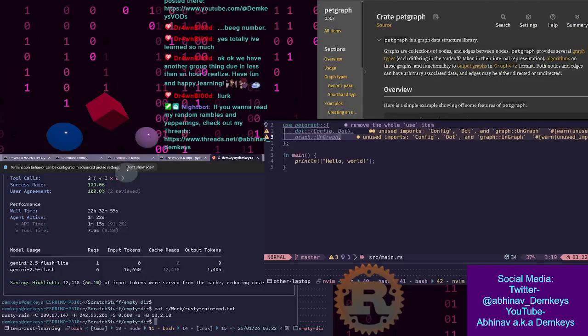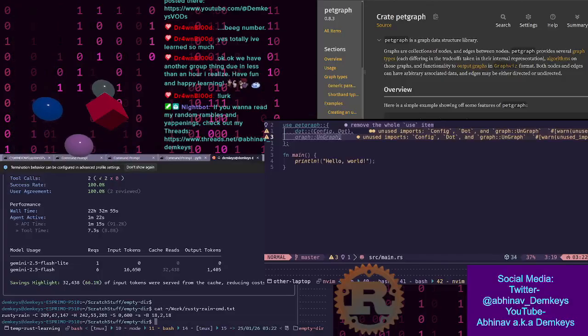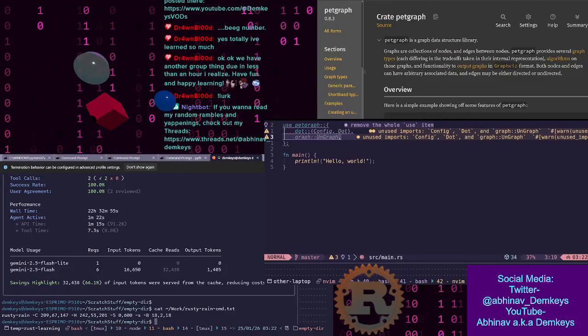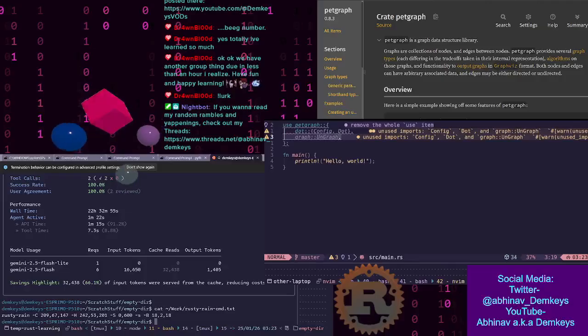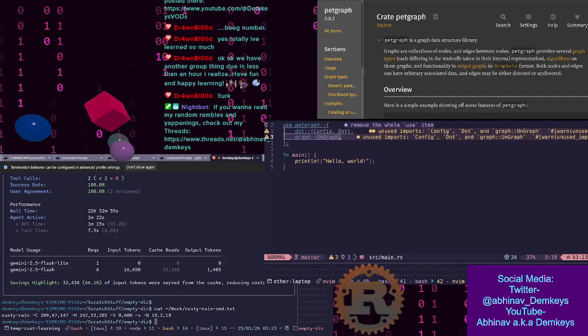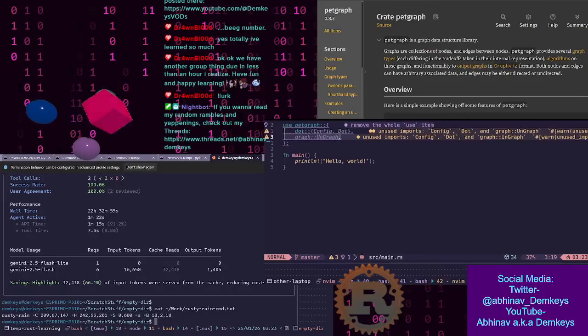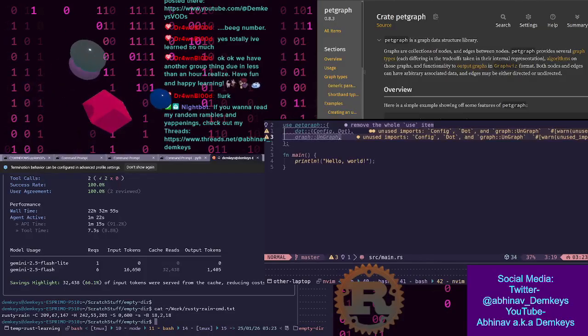Because in that other conversation, there was already a bunch of context there, so I didn't need to go too deep into that. Okay, I've been exploring the petgraph crate. So this will tell Gemini what type of graphs I'm trying to go for.